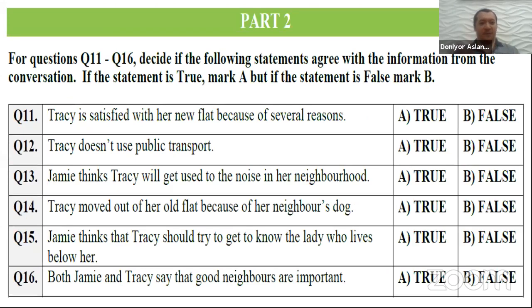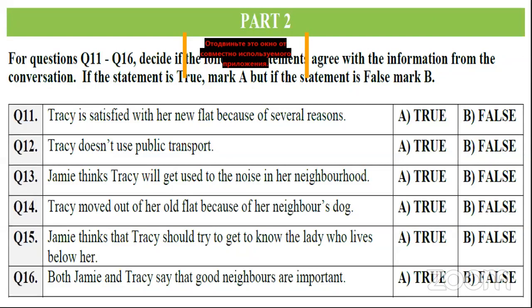And then we have, as I said, true and false tasks. There is no not given. That's why no need to worry that much. There will be some statements. You should find out whether it's true or not, depending on the track or the audio you are listening to.